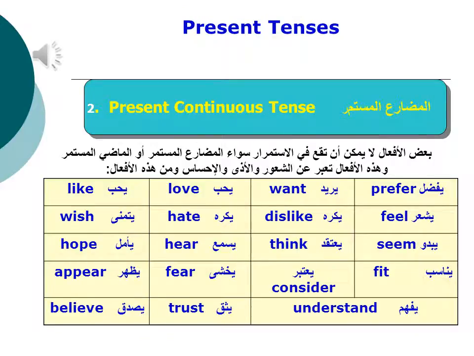If you remember, we talked about non-action verbs in a previous lesson. Now the table here gives you some verbs that are usually used in the present simple tense, and they are not used in the continuous form.